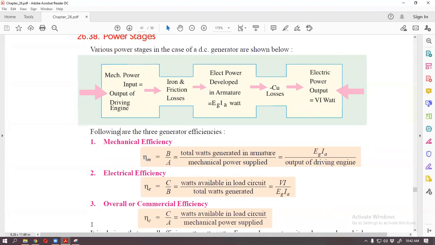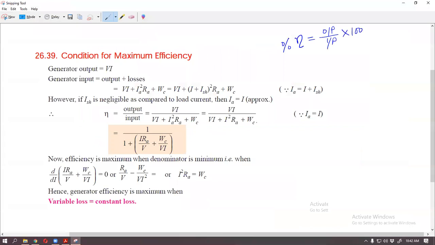Okay, now we check. This is the condition for maximum efficiency. You know that generator output is equal to VI, and input is equal to output plus losses, like copper loss, friction and iron loss.